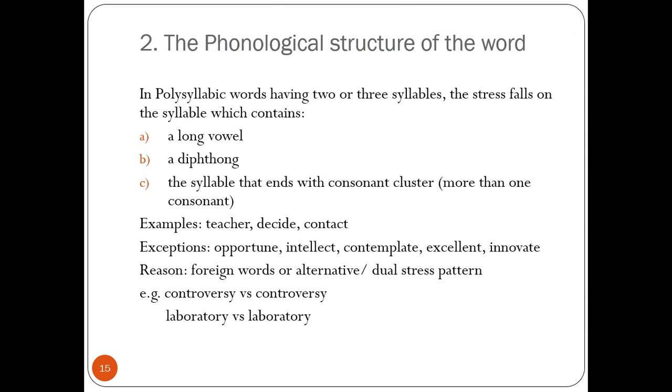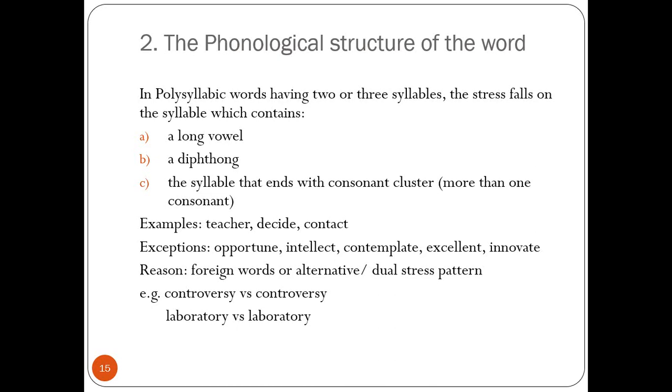Look at the third example, contact, which is an ideal example for the third possibility: a syllable that ends with a consonant cluster. Here you could see that this word has two syllables. The first one is con and the second syllable is tact. Tact has four different phonemes, t, a, k, and then t.